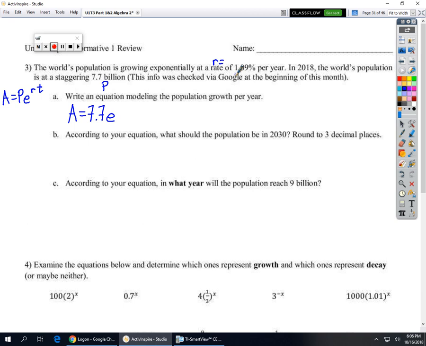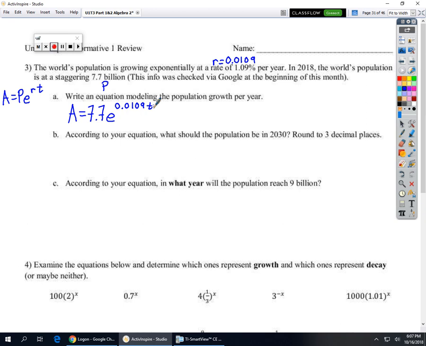You want to think about it as actual cents. How would I write 1 cent? Well, I'd write that as 0.01 for 1 cent, and then add the 0.9 after it. So this is kind of a strange decimal. So e to the 0.0109 to the power of t. So this is your equation.